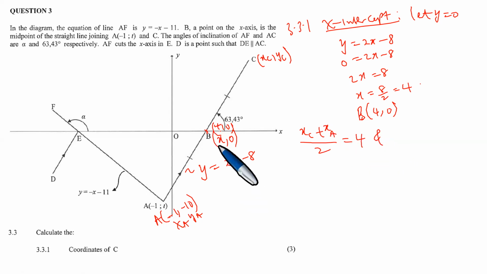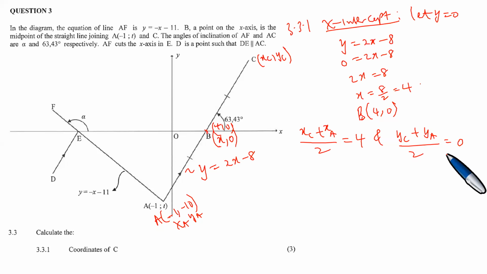You get the X value of the midpoint. And then you take also YC and YA, because they're the endpoints. You add the Y's together, you divide by 2, and it is the Y value of the midpoint.